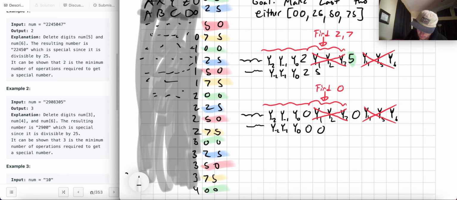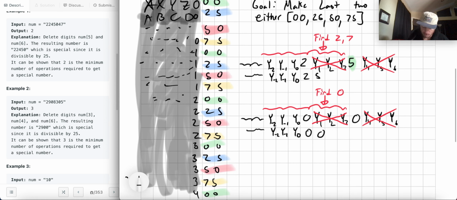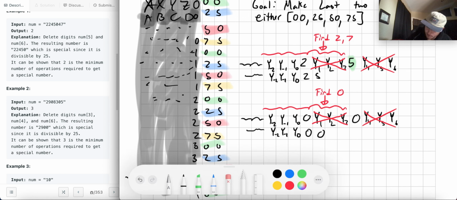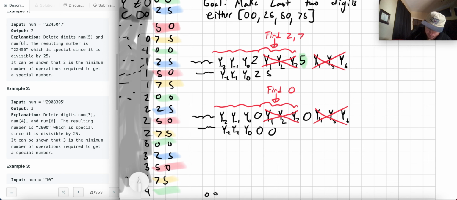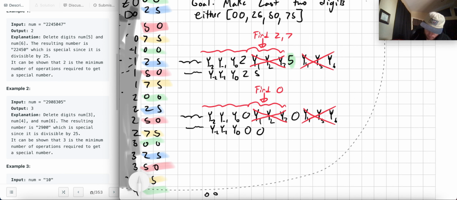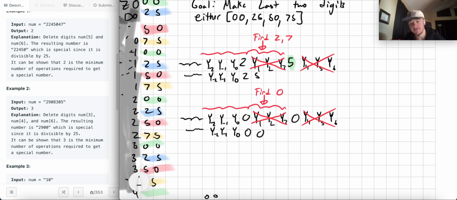So to make the last 2 things either 0 or 5, I'm going to move all this over because I kind of want to keep this on one nice little docket for you guys. So the goal is to make the last 2 digits either 00, 25, 50, or 75.